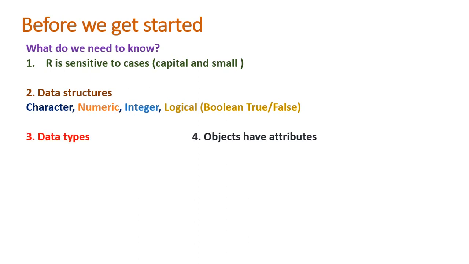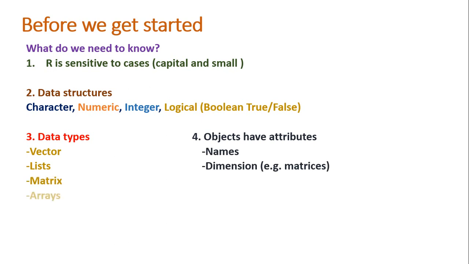Then we need to know about data types: vectors, lists, matrices, arrays, factors, and data frames. A vector is one direction. It's unidirectional. It has a minor difference from lists.